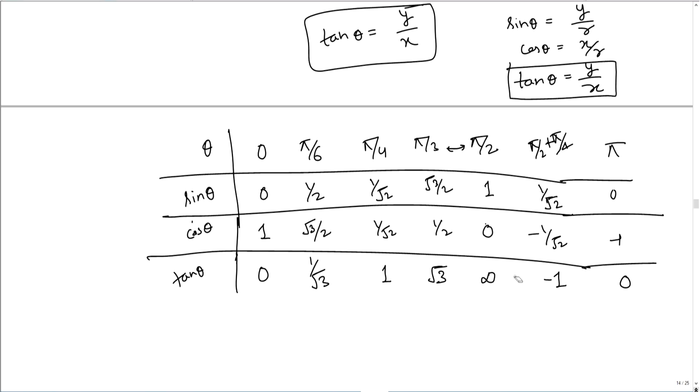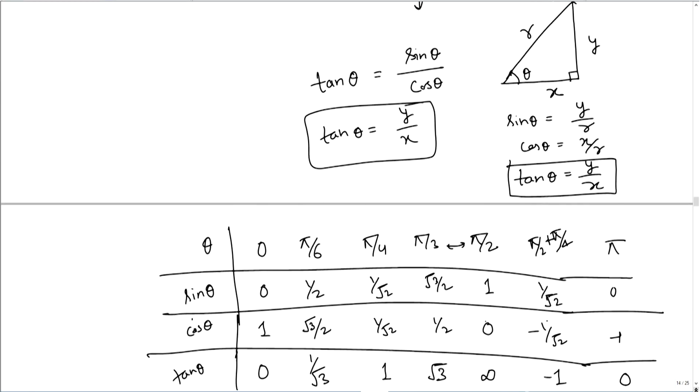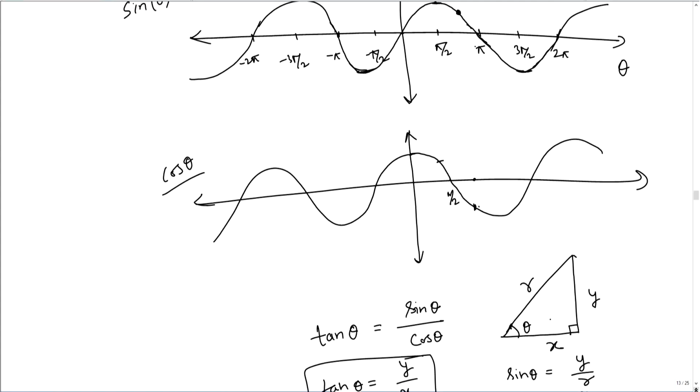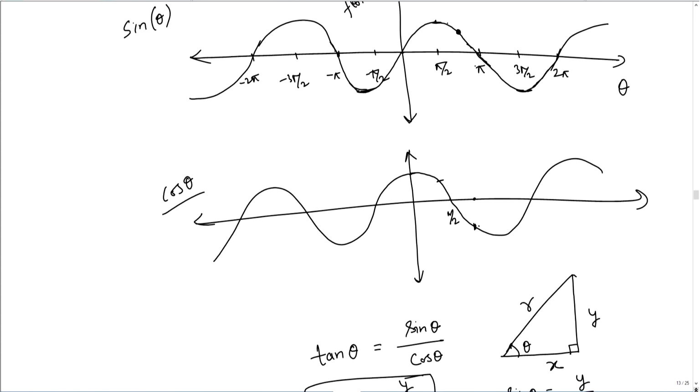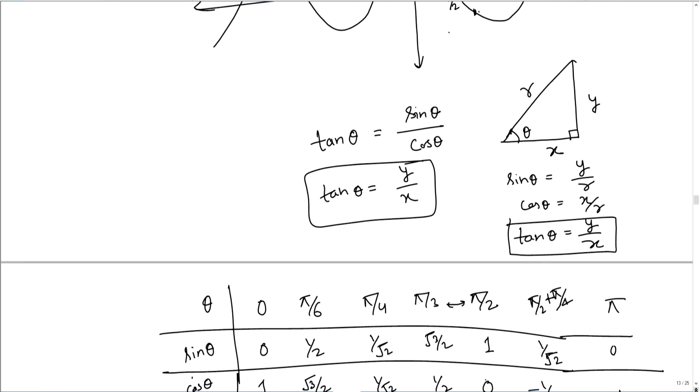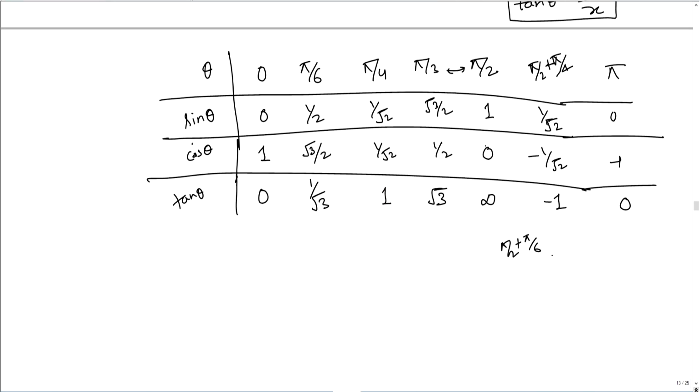Let me try a value at pi by 2 plus pi by 6, which is 120 degrees. What would be sine theta at 120 degrees? It would be the same as the value at 60 degrees, that is root 3 by 2.